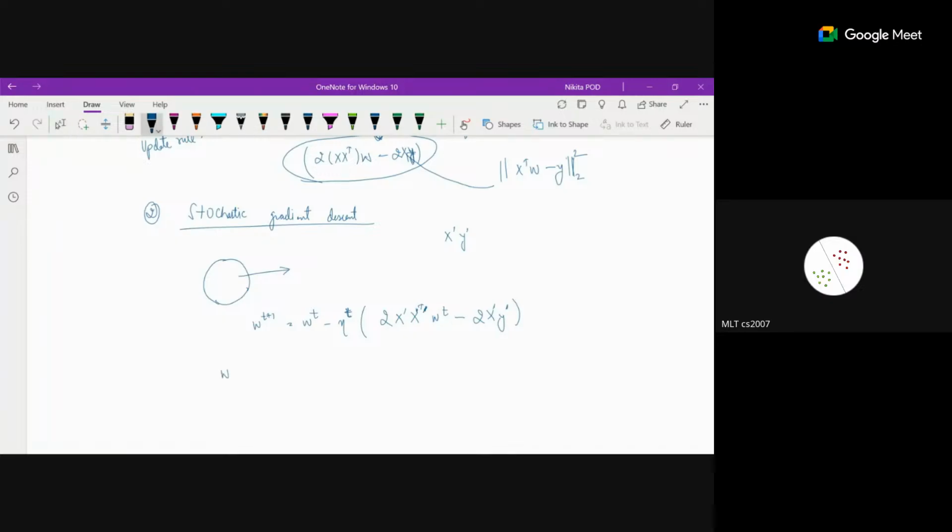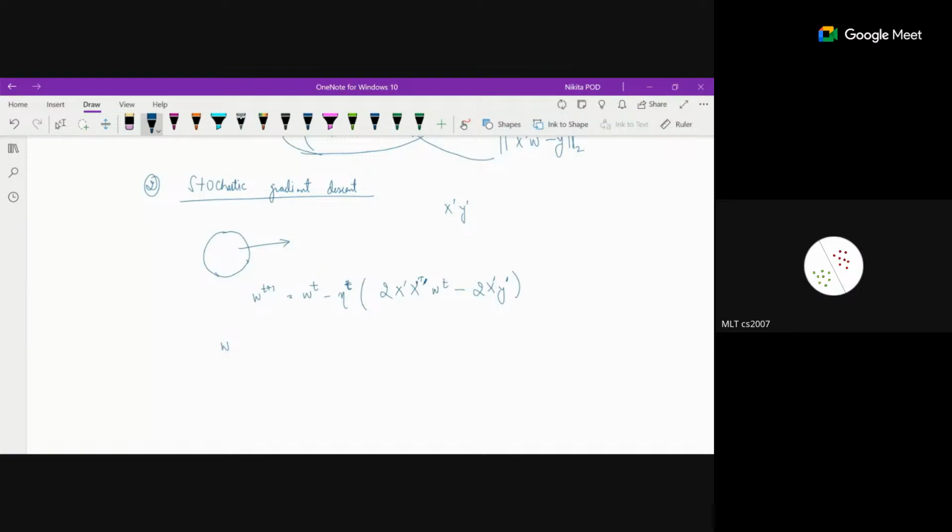So the final optimal weight that we obtain using stochastic gradient descent is 1 upon capital T times the sum over W(t) that we obtain from each of these small batches, where t varies from 1 to capital T. So in stochastic gradient descent you take the average of all these weights, and that is what you obtain as the optimal W star.